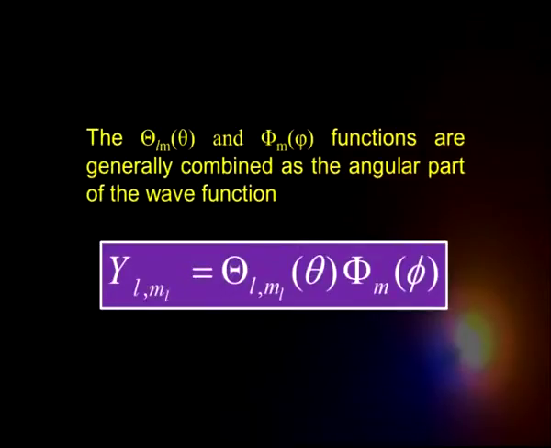Our wave function psi is a function of r, theta, phi: a function of r, a function of theta, and a function of phi. The product of the three is the total wave function. The angular component, what depends on theta and phi, put together is called the angular component of the wave function, given by Y, which is the product of the theta wave functions and the phi wave functions.